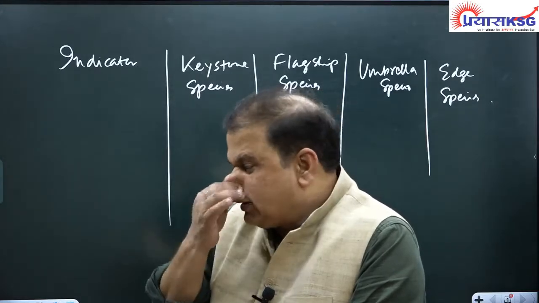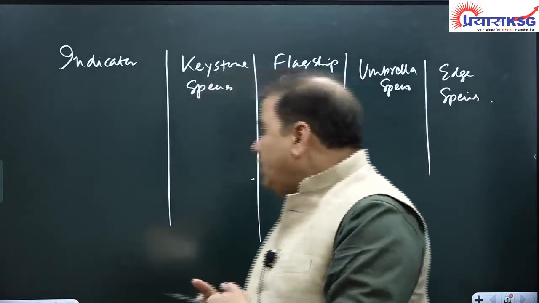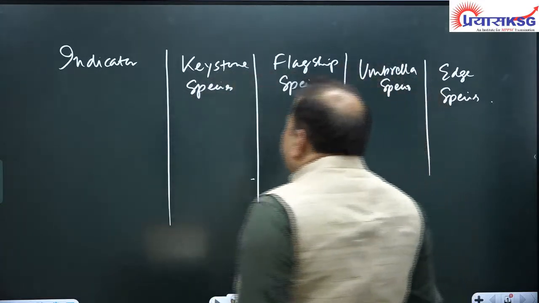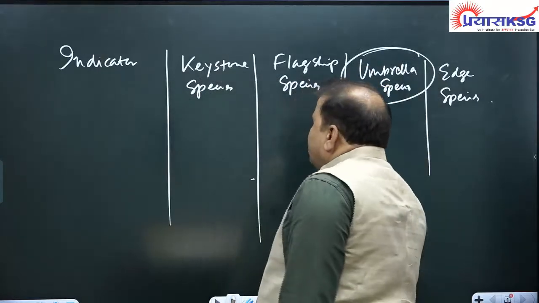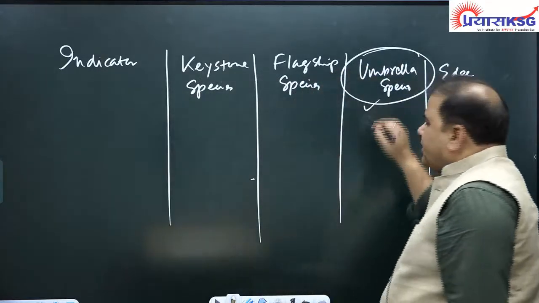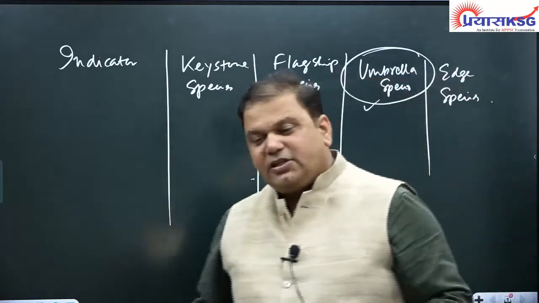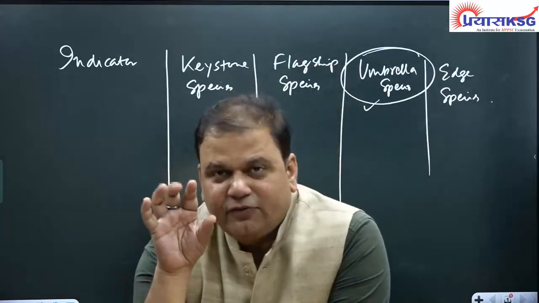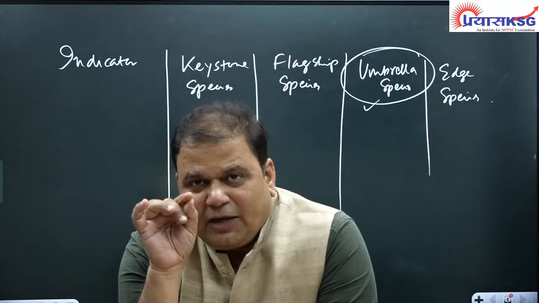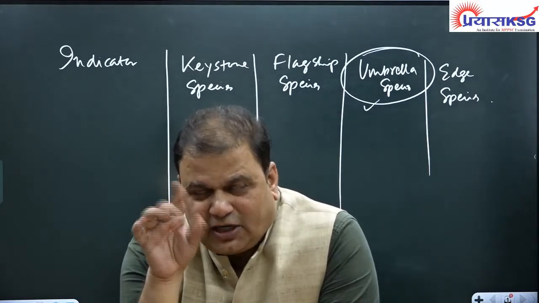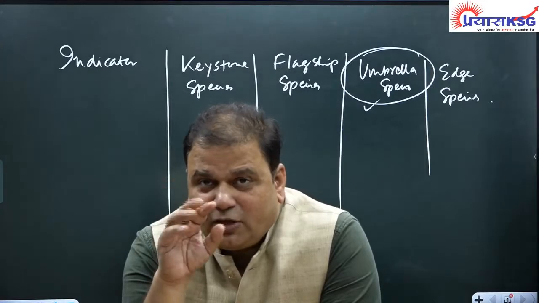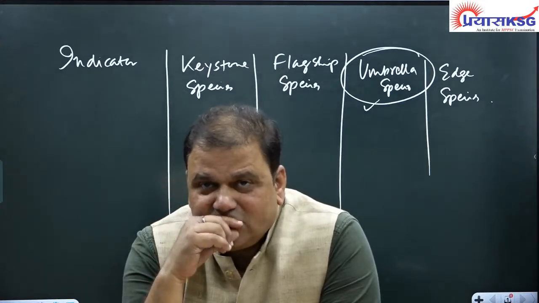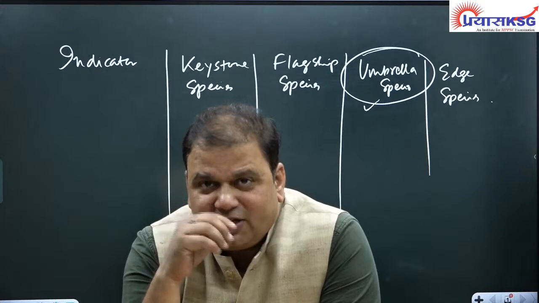Now the second thing is umbrella species. Suppose a conservation initiative is taken for one species. In that initiative, you are protecting the habitat of that species, because only then can it be conserved.